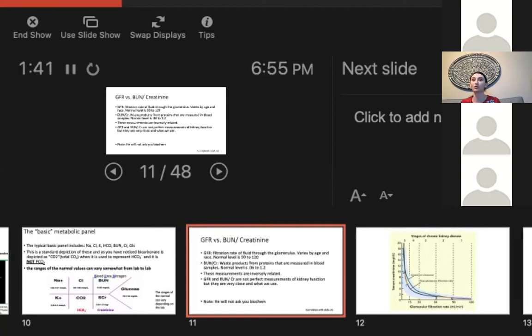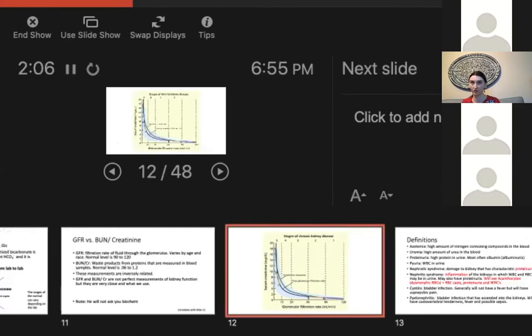It's going to be the waste products, and they're going to be measured in the blood. That's also going to be in our chemistry panel. So the normal level is going to be between 0.6 and 1.2. And they're going to be inversely related. It's not a perfect measure of the kidney function, but it's close. And we're going to look a little bit more at that.